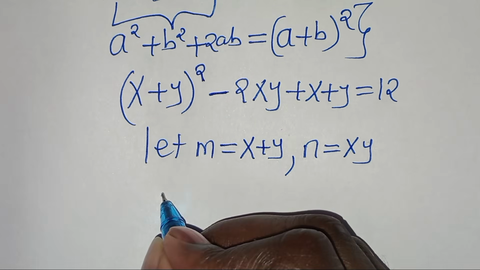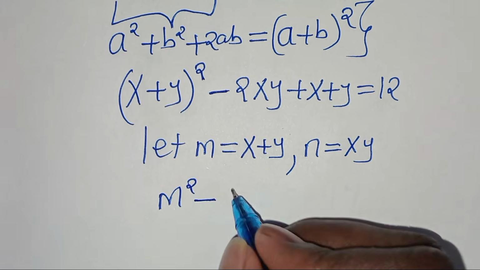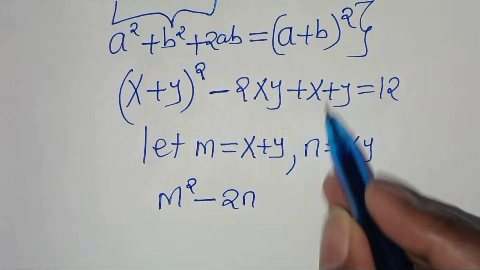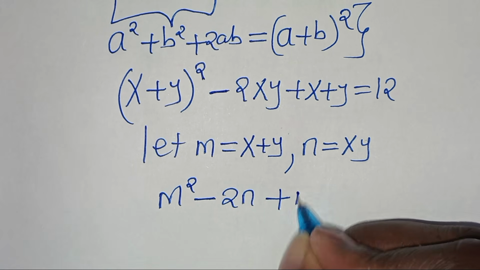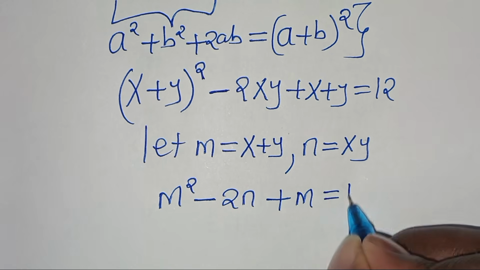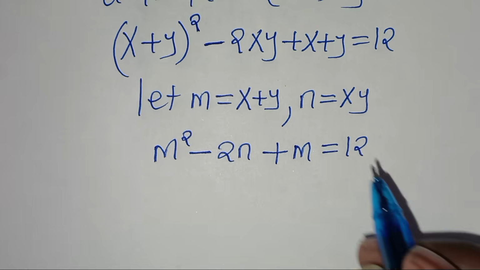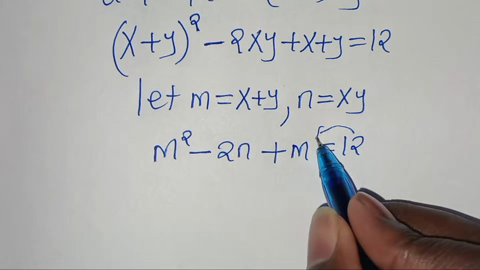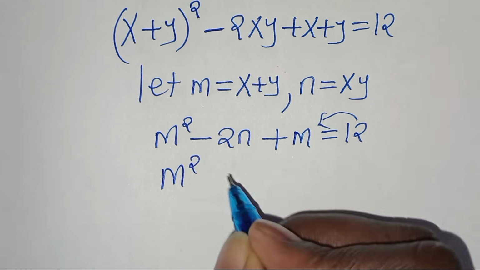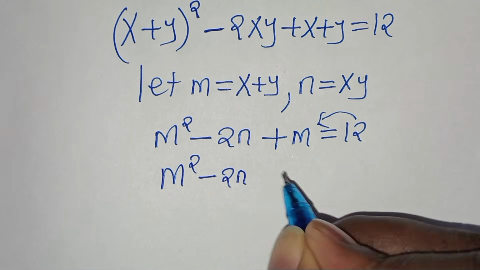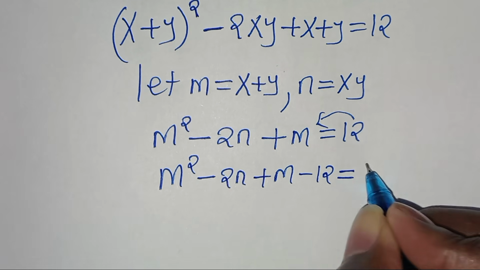So we have m squared minus, this is actually 2n, then plus m, this is equal to 12. Now, let's take 12 on the left hand side. This means we have m to the power of 2 minus 2n plus m minus 12. This is equal to 0.